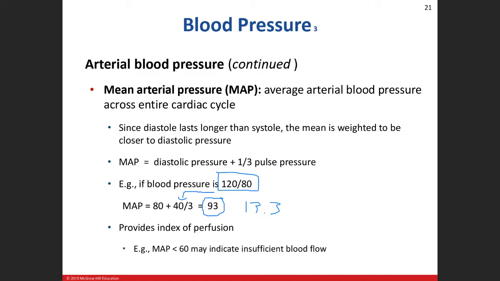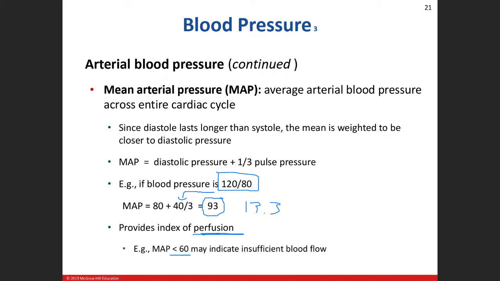This gives us a pretty good idea of tissue perfusion. If it's above 60, that's pretty good. If it starts to fall below 60, that's not good. It means we're not perfusing. Just gives us a good idea as to what's going on. So that's our mean arterial pressure.